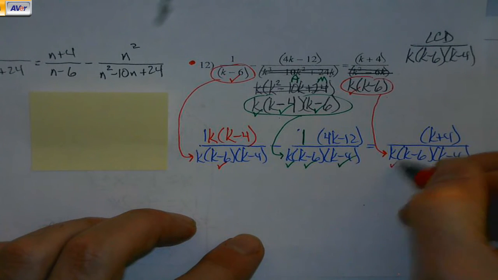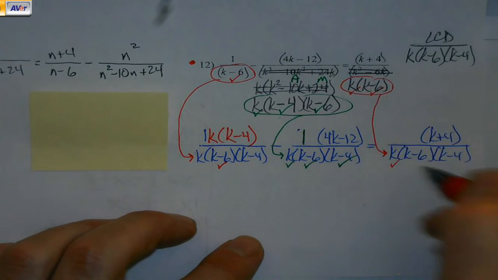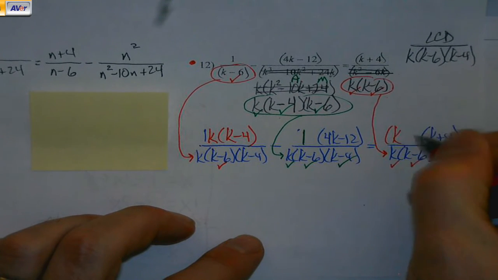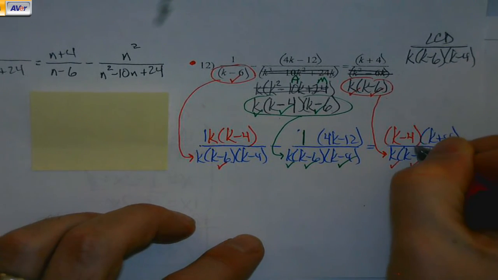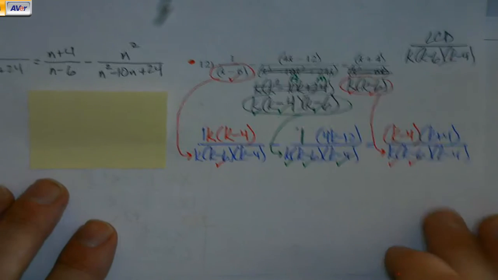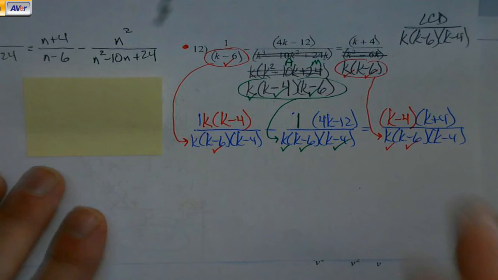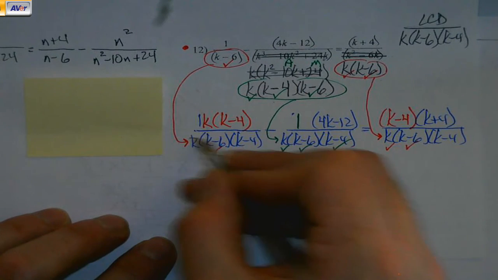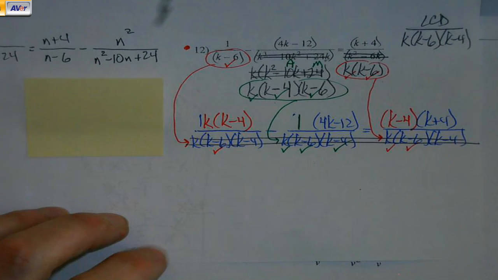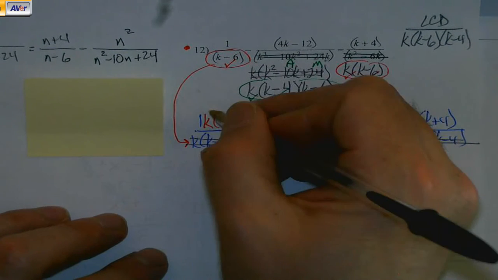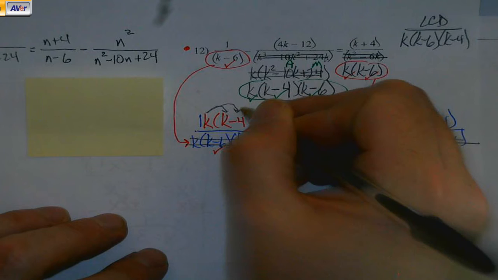I've got the k, I've got the k minus 6, but I do not have the k minus 4. That was a little bit of work. We got a little left here, but we got this. So now that we're done doing all of our numerator building, never until then do we get rid of the denominator. But once we get that done, we start to simplify.